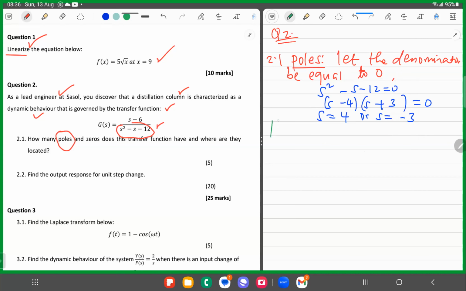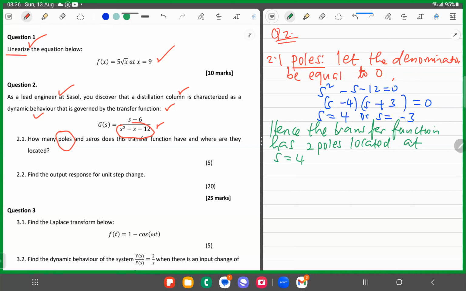Hence, the transfer function has 2 poles located at s equals 4 and s equals minus 3. Those are the poles of the function.